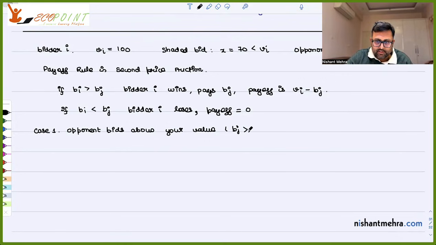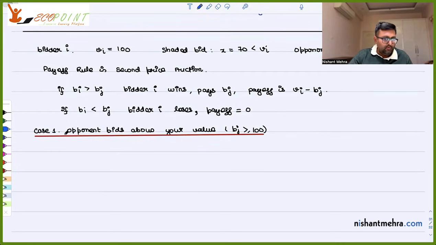So he has bid more than 100. Say the opponent has bid 120.